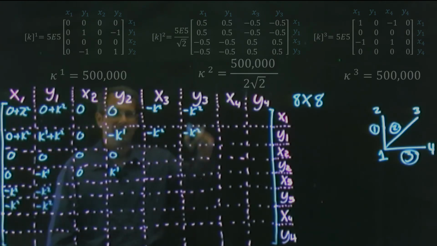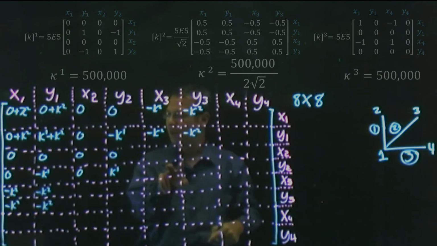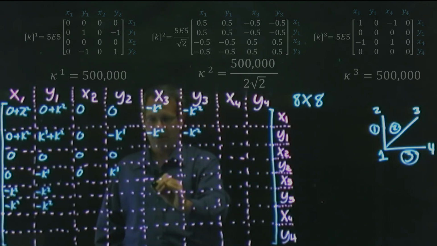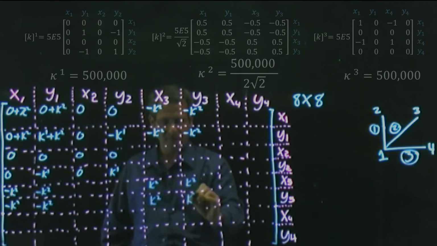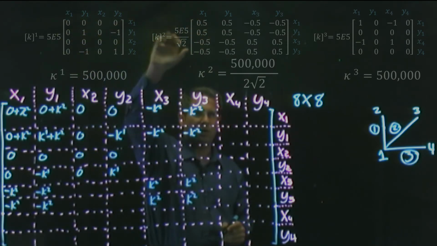And finally, in this quadrant right here, I have x3 and y3 columns, x3, y3 rows. These 4 will all be positive kappa 2s. I'll get kappa 2, kappa 2, kappa 2, kappa 2. And that should complete the second local stiffness matrix.